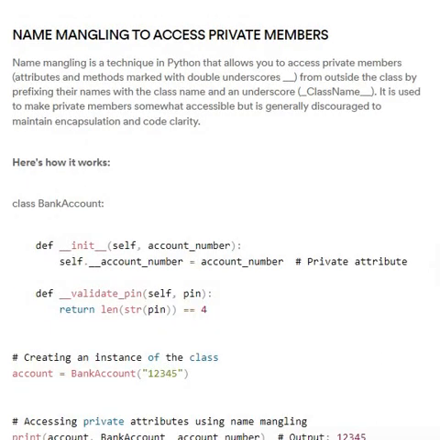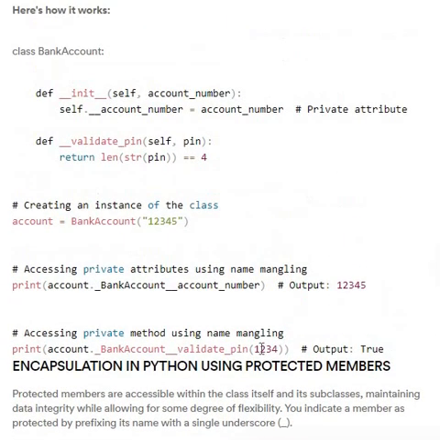So we have a technique which allows you to access private members from outside the class by prefixing their name with the class name and an underscore. We have class name BankAccount, init method, and validate pin. You are creating the object.